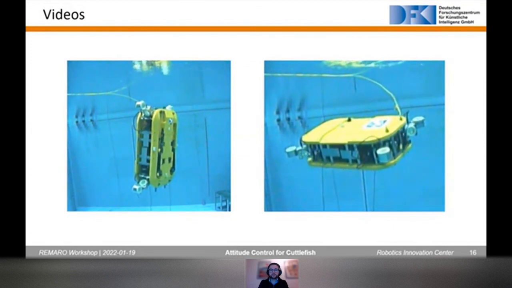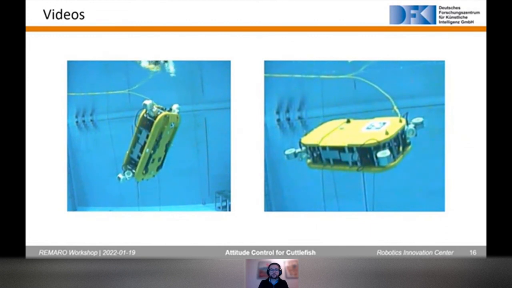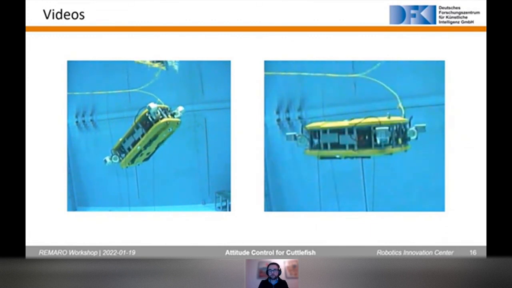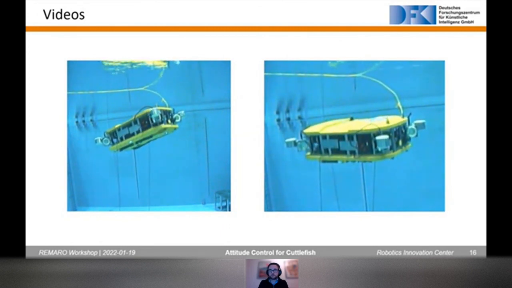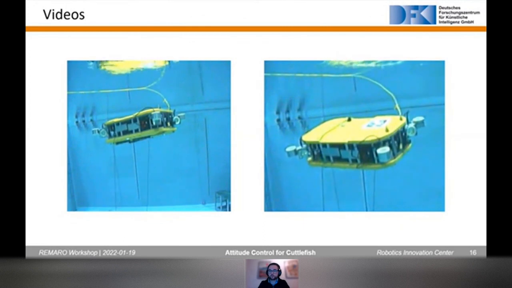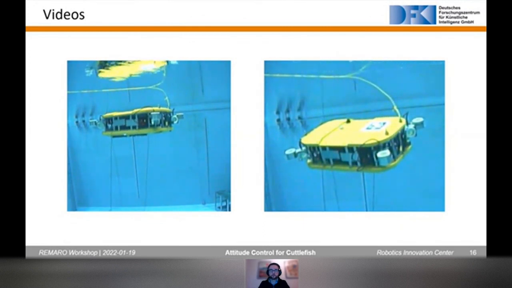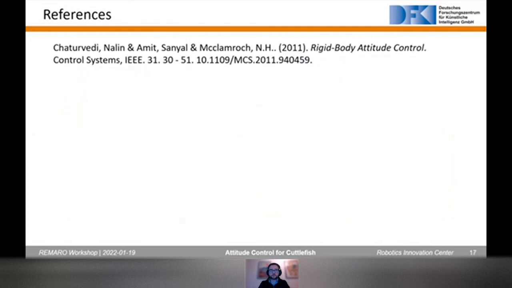So the navigation gets a bit confused sometimes, say, when it loses track of the floor, for example, with the DVL. But that's something we're working on, as well as the position feedback to get full state control very soon. And I think with this, I come to an end.